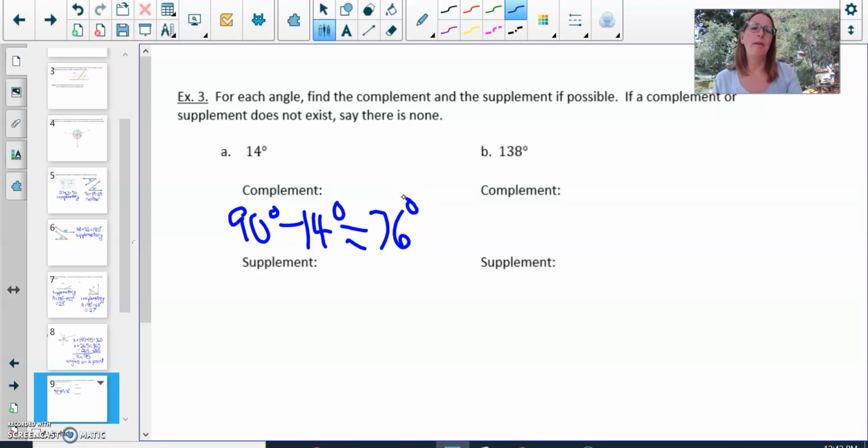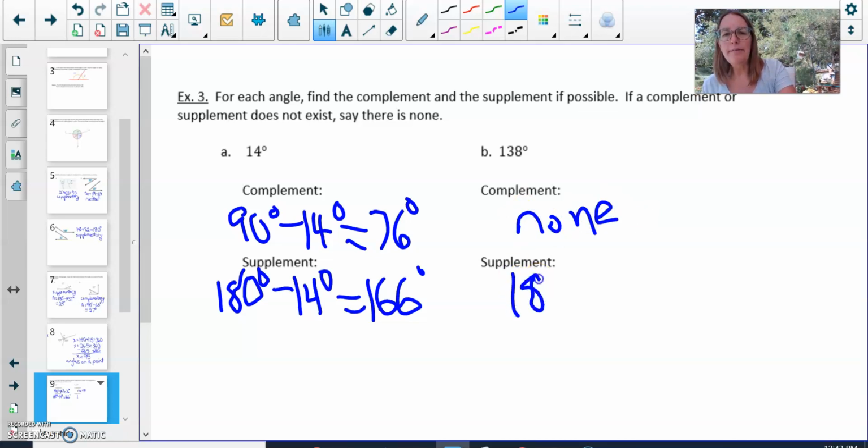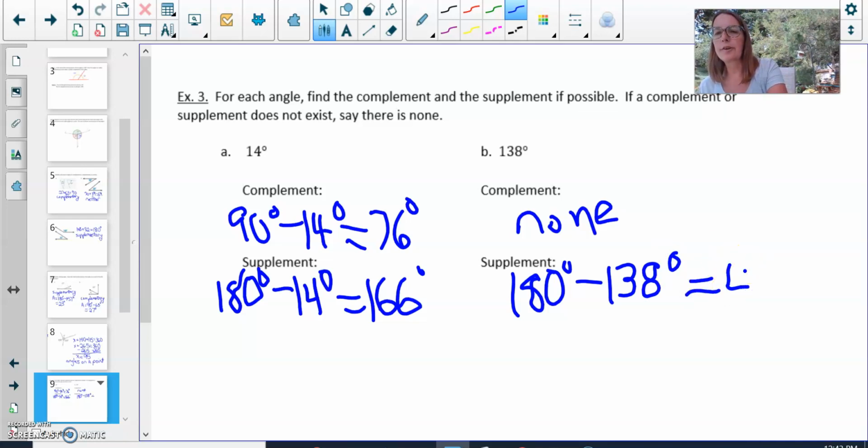The supplement of a 14-degree angle, I would do 180 degrees minus 14 degrees, which gives me 166 degrees. 138 degrees is already more than 90 degrees, so there is no complement. It does not exist. For the supplement, though, I do 180 degrees minus 138 degrees, which gives me 42 degrees.